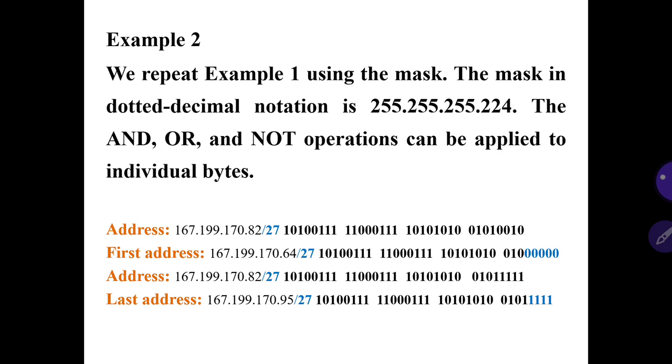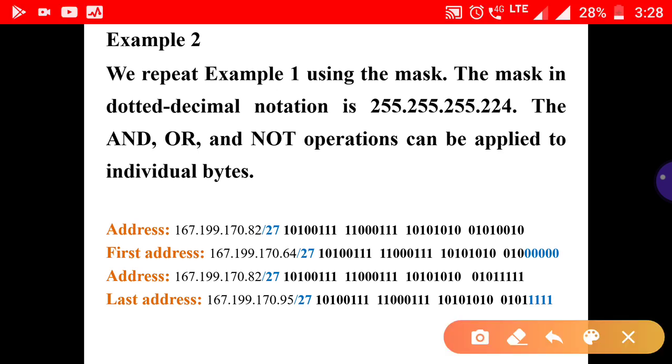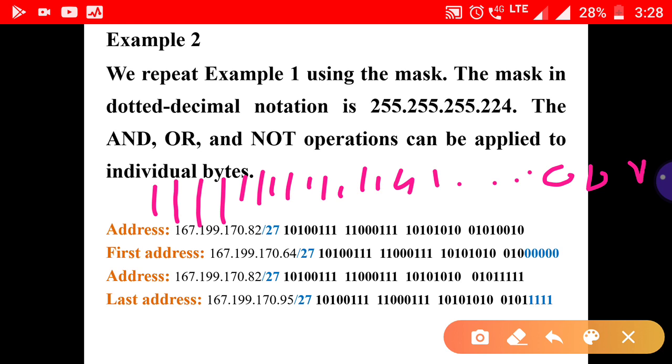We repeat example 1. Using the mask in dotted decimal notation, the AND or NOT operation can be applied to individual bytes. The address given is 167.199.170.82/27. The mask is 27 now. The first address we already calculated by setting the rightmost bits, and now using this formula, ANDing with the mask.